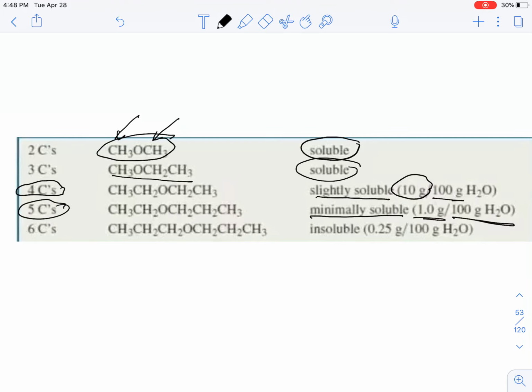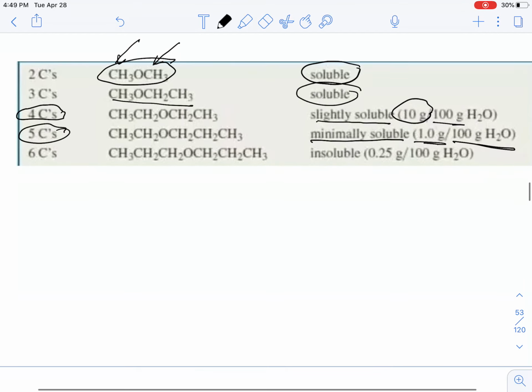At very high temperatures, this 4-carbon, 5-carbon ether is going to be more insoluble compared to 25 degrees Celsius. For 6 carbons, it's insoluble, less than 1 gram. 0.25 grams of the 6-carbon ether can be dissolved in 100 grams of water. That means the rest of it is not going to interact with water at all.